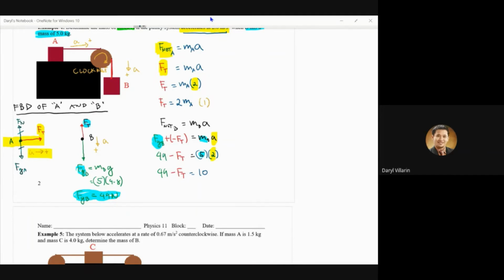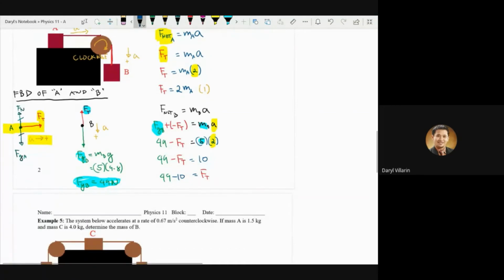So is it not that this is just the magnitude of my tension force in this case? If I transpose this one to the other side, this gives me Ft is equal to 49 minus 10. Okay, so just algebra, transposing this to the other side, that gives me negative 10. This one gives me that.